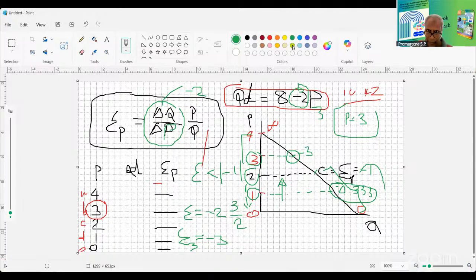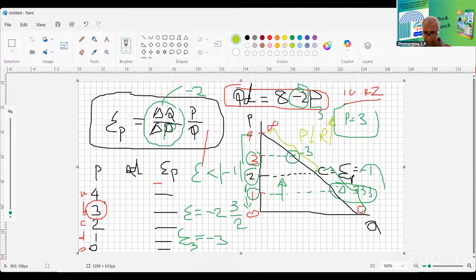If the price elasticity is greater than 1, what we call elastic, decreasing the price is the best option if you want to increase the revenue.